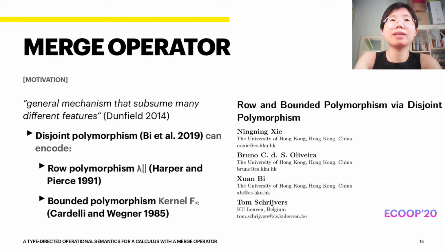If you have attended the talk just before the last Meet the Speaker session, you may have noted it benefits from the merge operator as well. With merges, disjoint polymorphism can encode essential aspects of row polymorphism and bounded quantification.